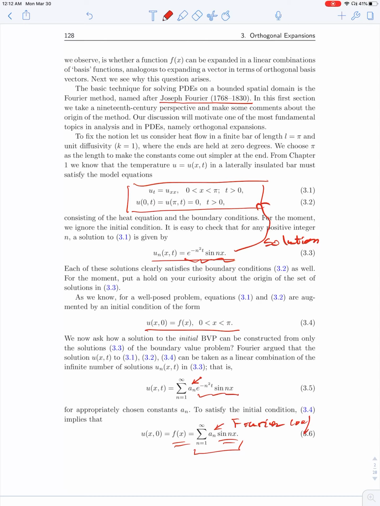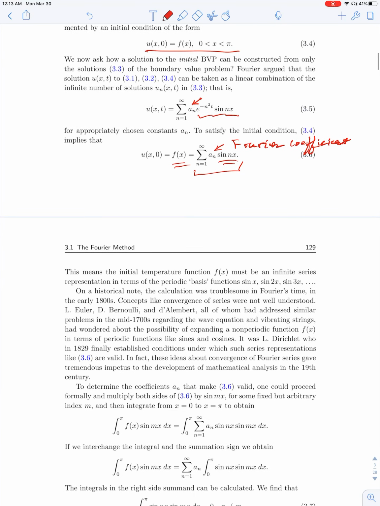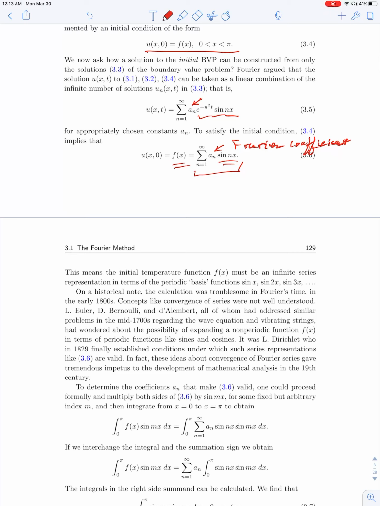We are going to learn more about it a little bit later. So you look at this, you say, oh, that's not possible. f is an arbitrary function. How could you express f as a sine function, which is a periodic function?